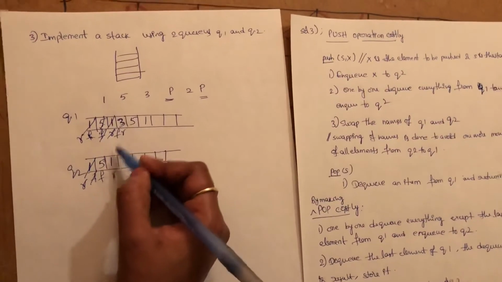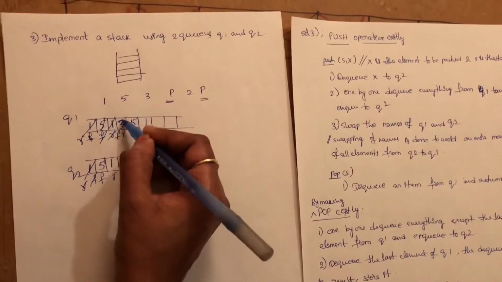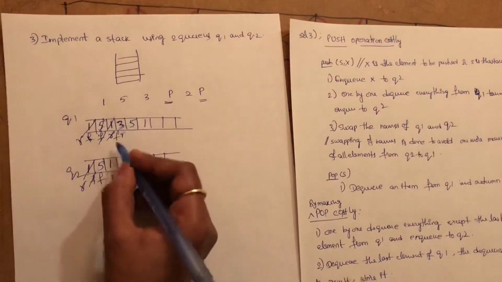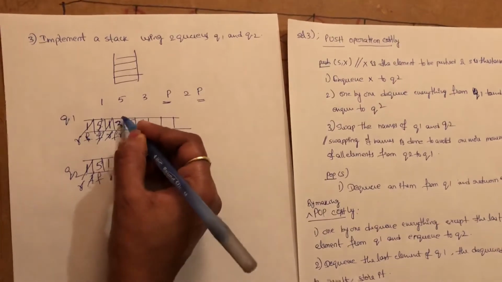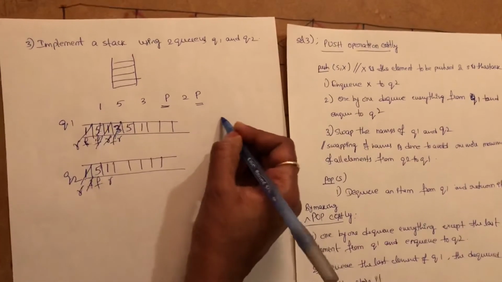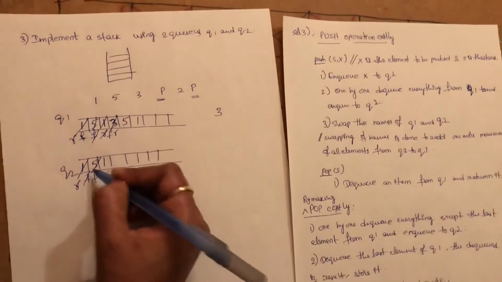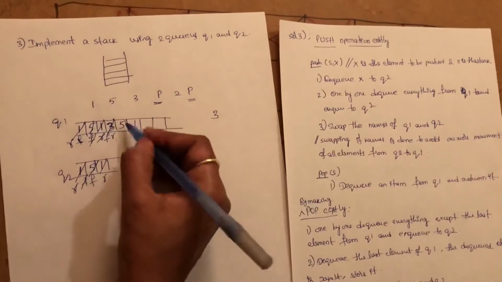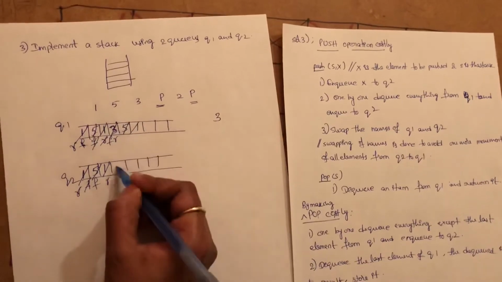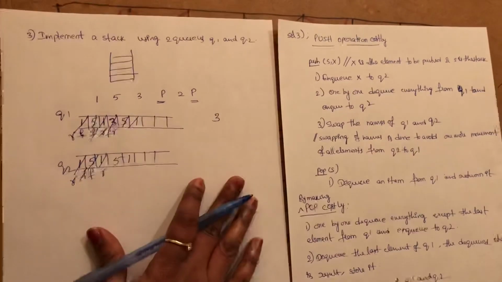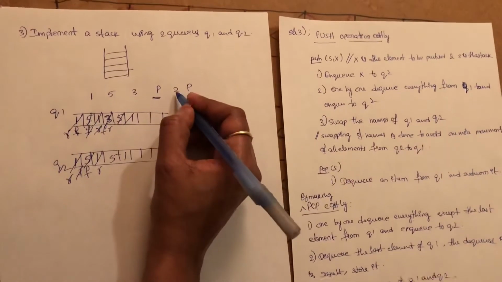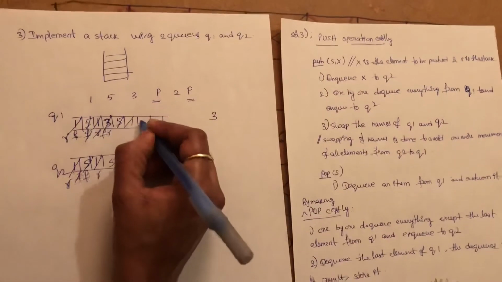So we DQ an element from Q1 and we print it. Then we DQ them from Q1 to Q2. The next operation is push 2.